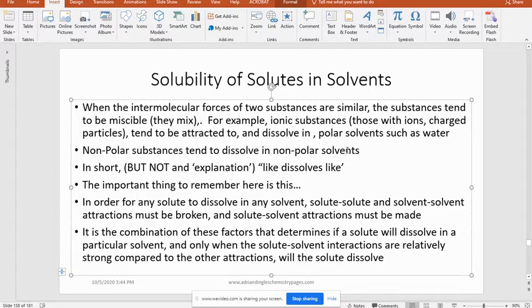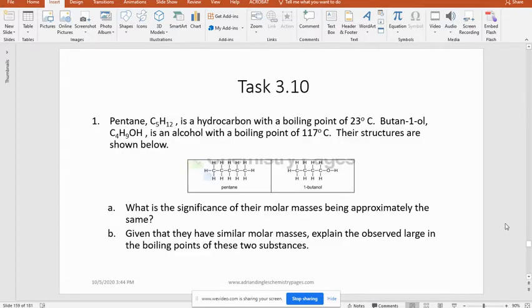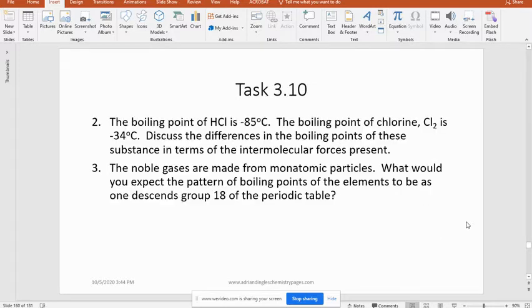If you're dealing with two nonpolars, then they will dissolve. So make sure you're paying particular attention to that and do not use "like dissolves like." All right, so pause the video and see if you can come up with the answers to these two questions. And here's a couple more, so see how you do with those. And then we'll go through the answers.